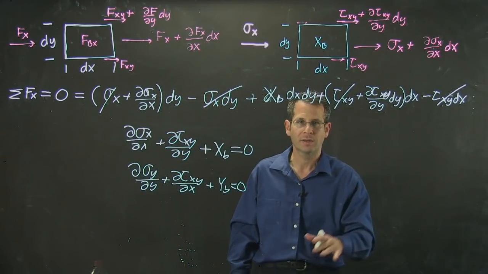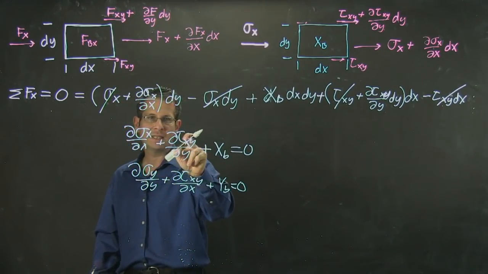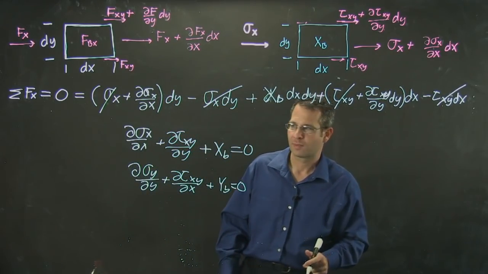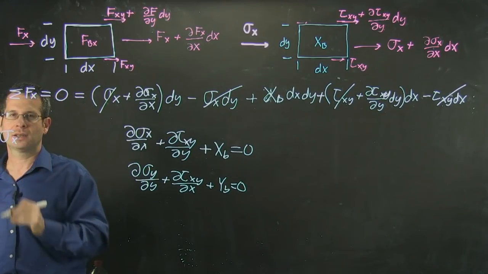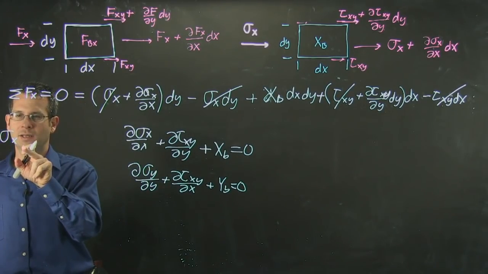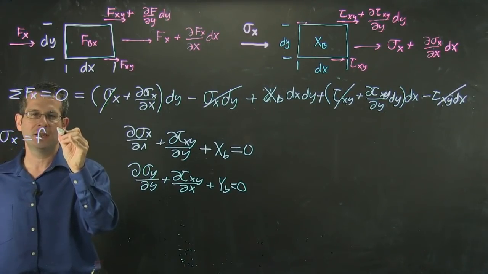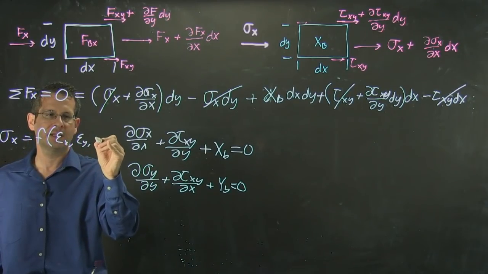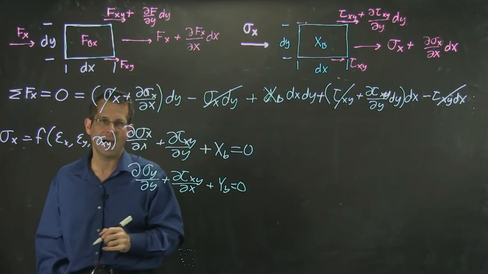Now remember, these stresses relate to strain. Remember that I can find the stress in x is equal to some function of the various strain elements that we had in the last video.